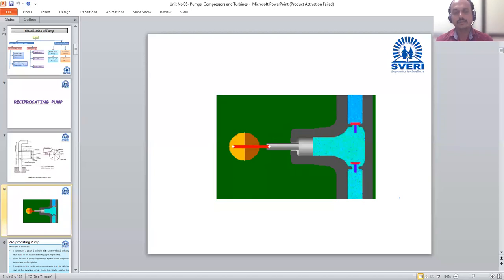Because see, only listening is not sufficient. It will not be memorized that much after some time. You will forget definitely. If I ask after 2 or 3 days, tell me the working of the single acting reciprocating pump, definitely you will forget. I know that because this is human tendency. And don't be here only for attendance.